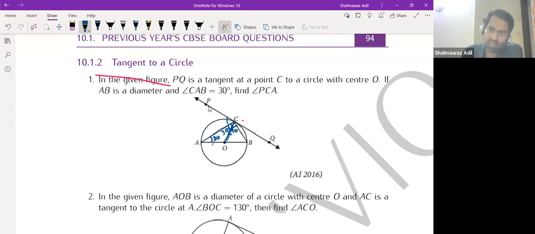How much is 60, right? Why? Because PCO is how much? 90 degrees, right? By theorem 10.1. So this is 90, this is 30, so this would be 60. Understood? Abir, Amira, and Tejasvi, understood, guys? Yes, sir.